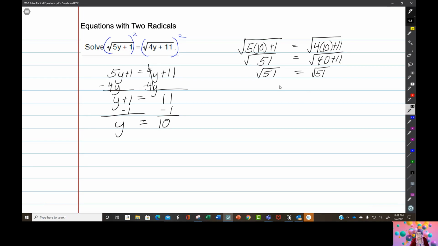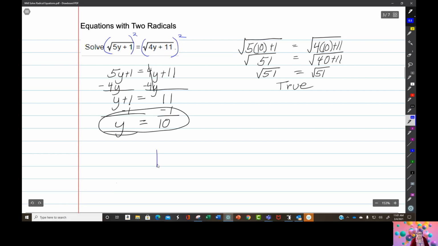Therefore, this is a true statement, which means y equals 10 is our answer. And you put 10 in the answer box and mosey right along.